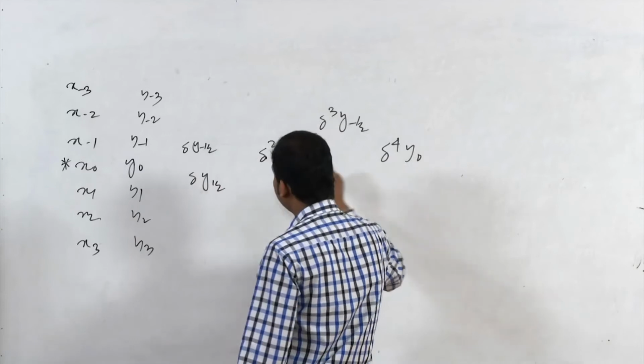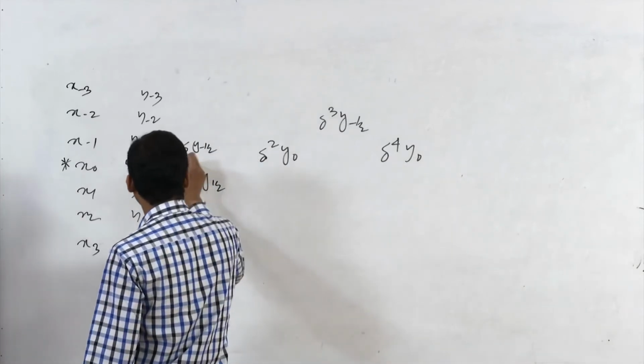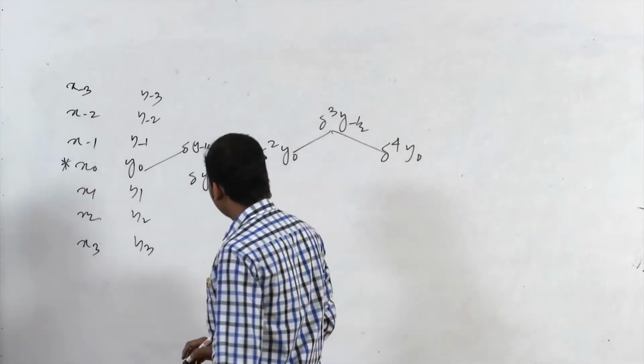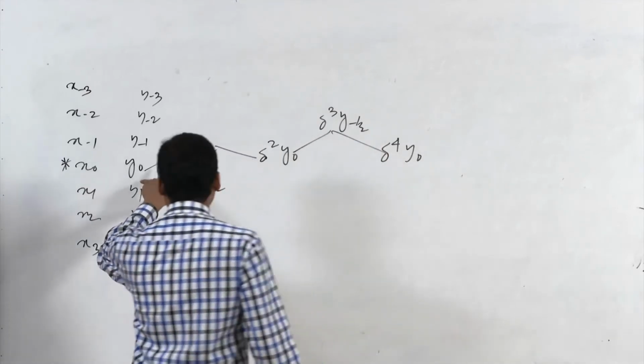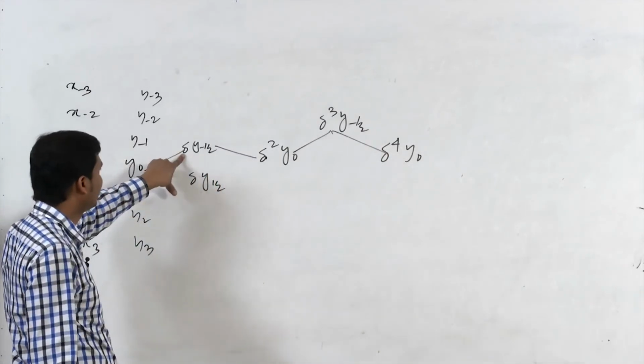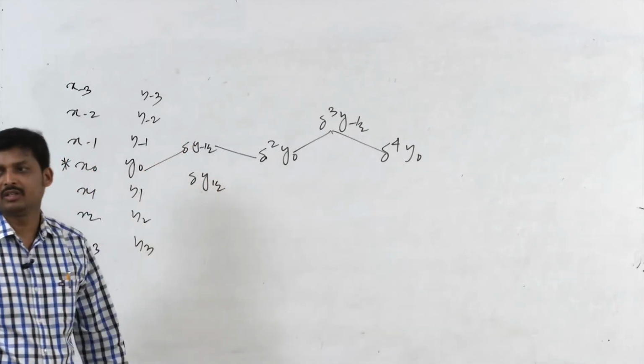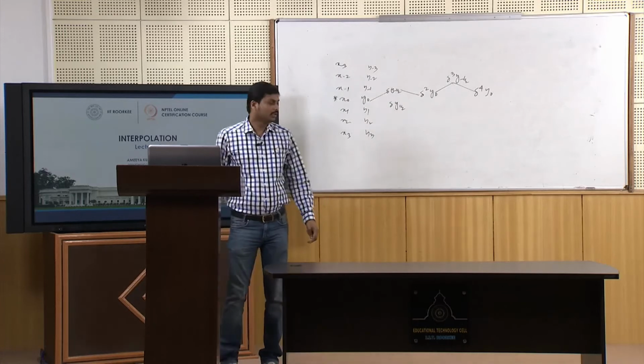Likewise we can consider these tabular values for Newton's backward difference. We are going one step back to evaluate these tabular values, and that is why it is called the Gauss backward difference formula.